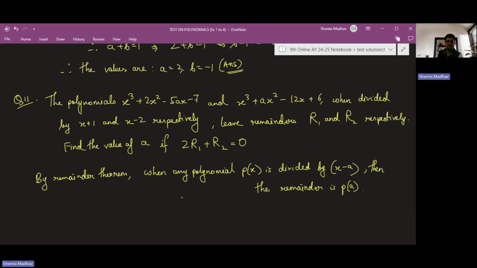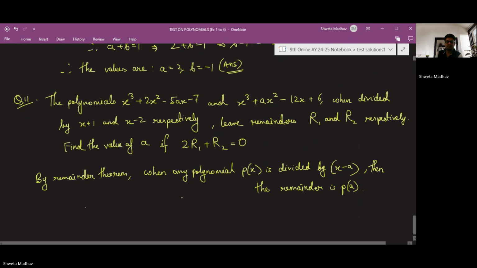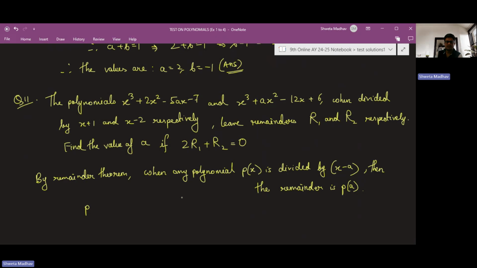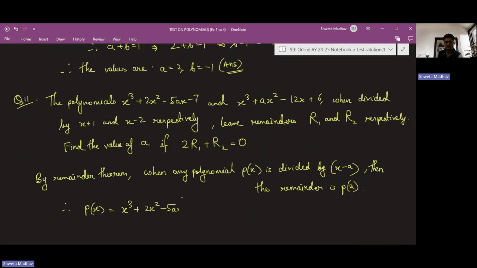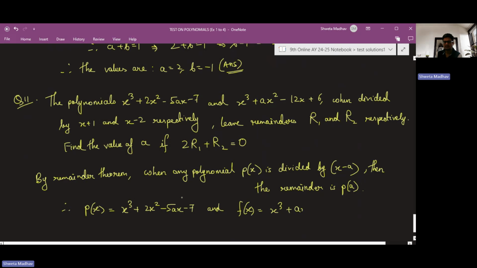So here also, suppose we take the first polynomial as p of x, which is x cubed plus 2x square minus 5ax minus 7. And the second polynomial, suppose f of x, is x power 3 plus ax square minus 12x plus 6.